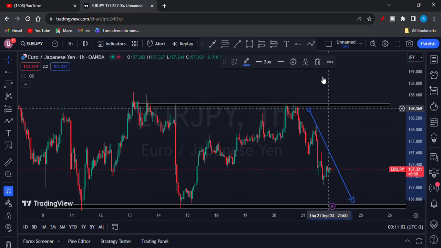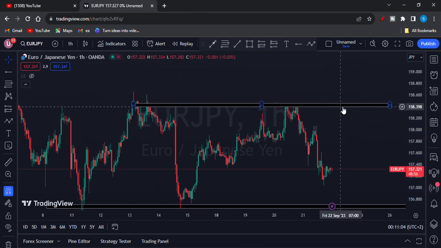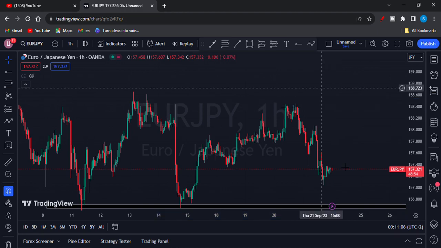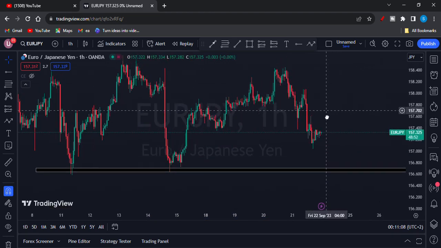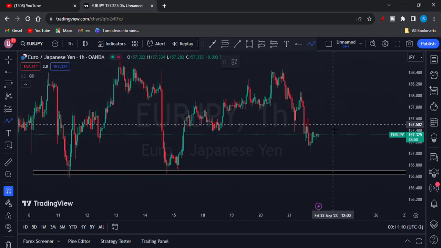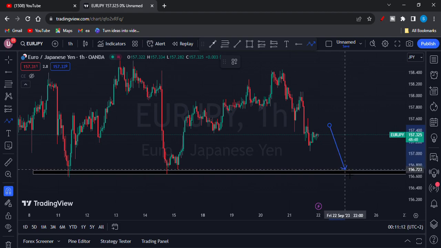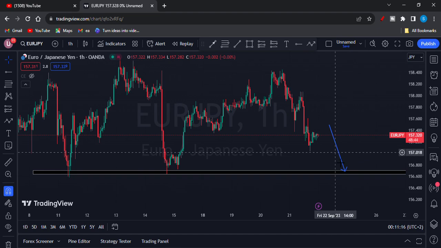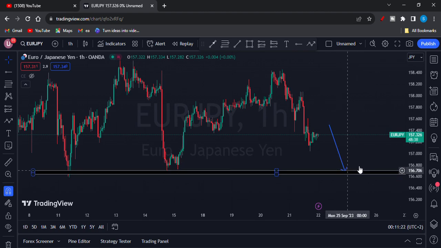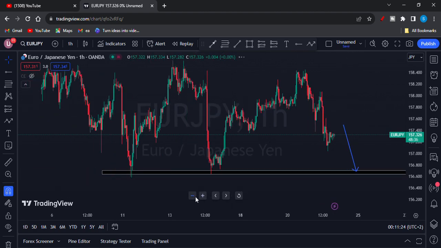So what I'm going to expect even for today is even still to push to the downside until this support area right here. So then from here I will see what the market is going to do.